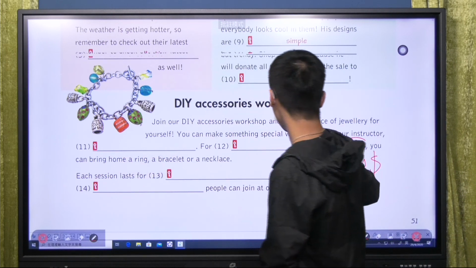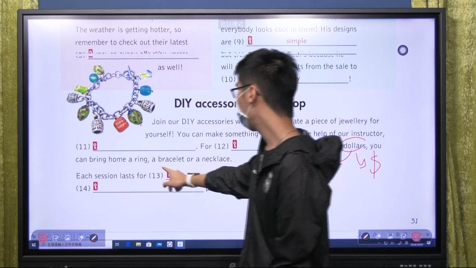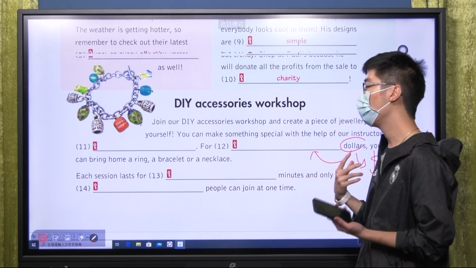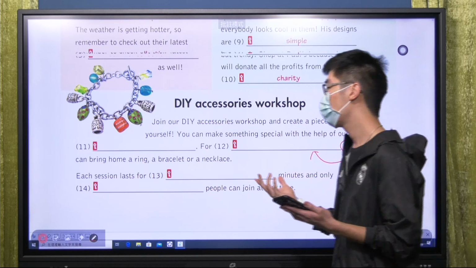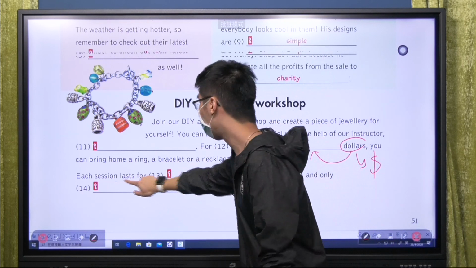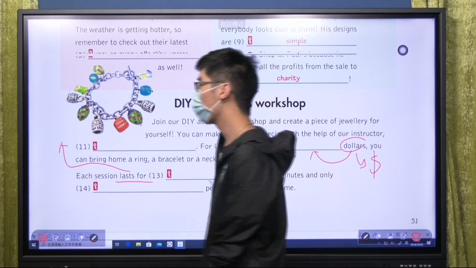You can spend this amount of dollars and then you can bring home a ring, a bracelet, or a necklace, okay? Each session lasts for, okay, it is asking for the duration.